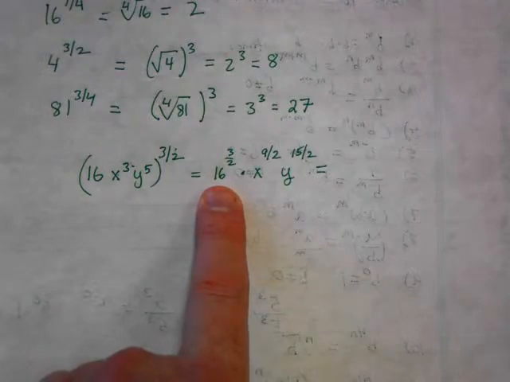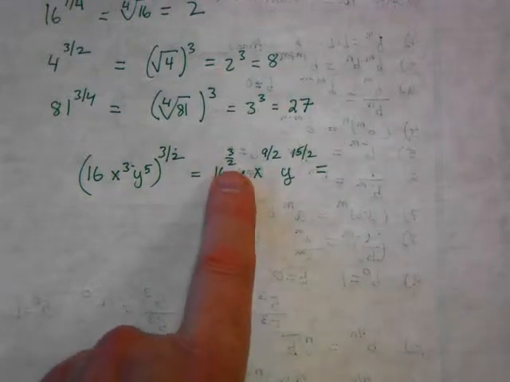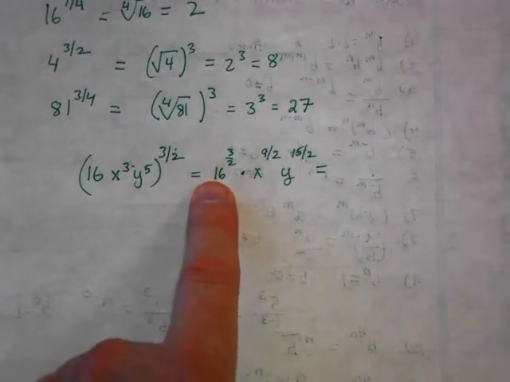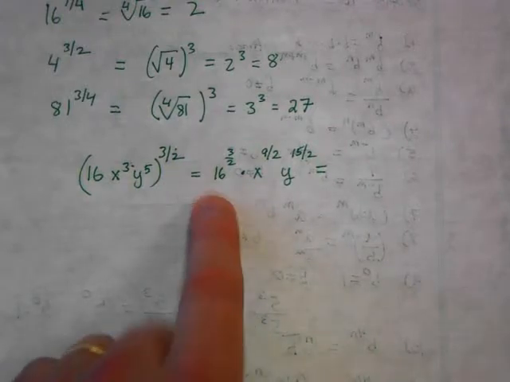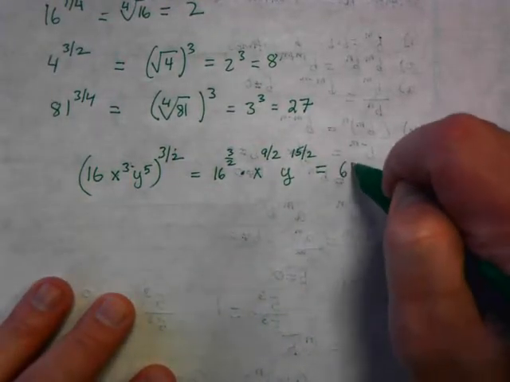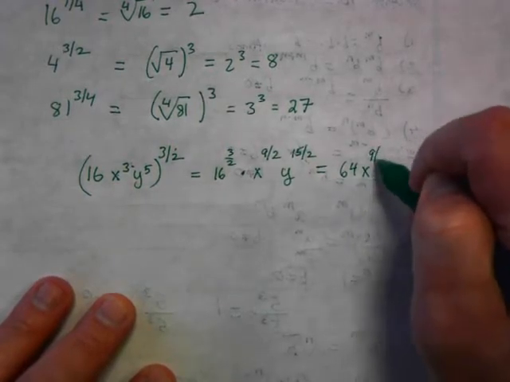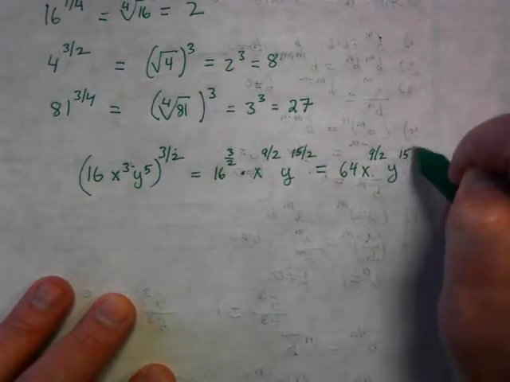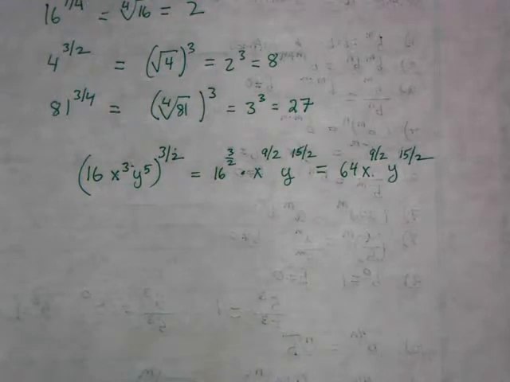How much is 16 to the 3 halves? Well, the 2 on bottom tells you to do a square root. Square root of 16 is 4, and then 4 cubed is 64. So final answer, I would write 64, x to the 9 halves, y to the 15 halves. Questions on that?